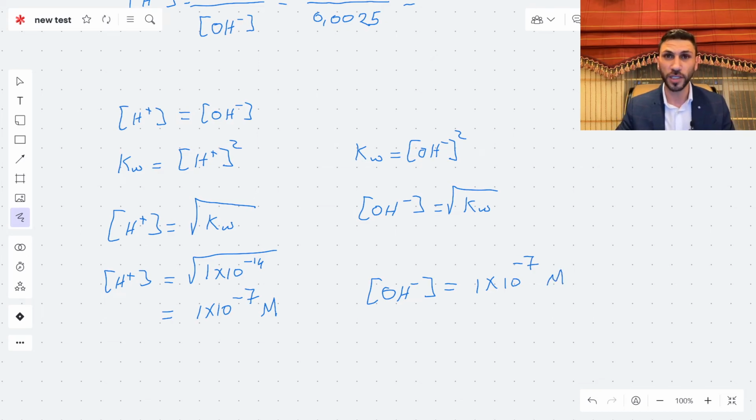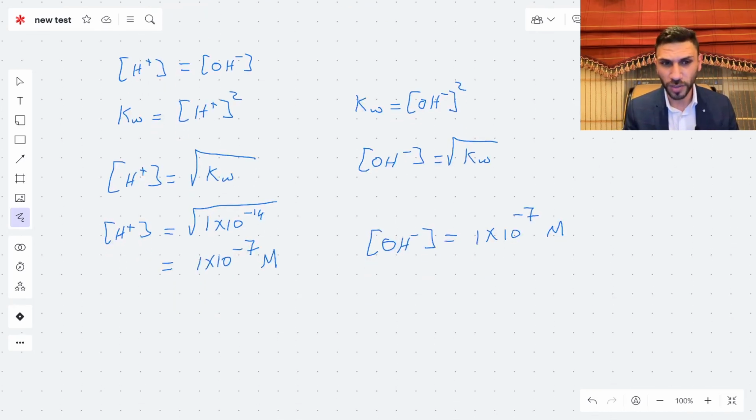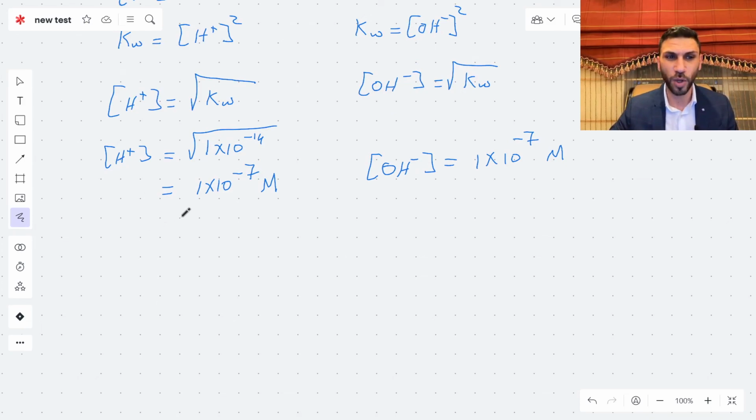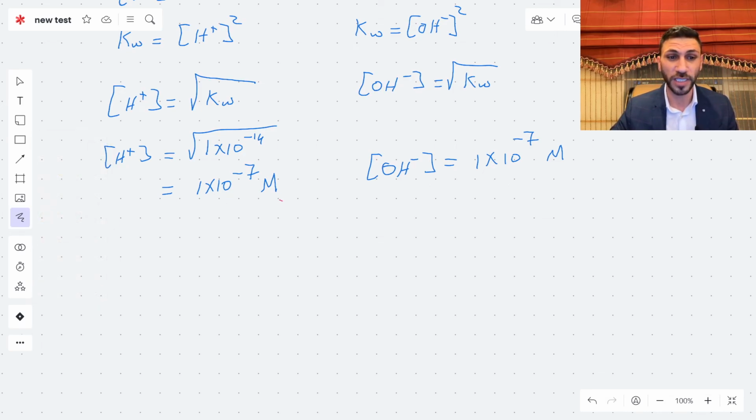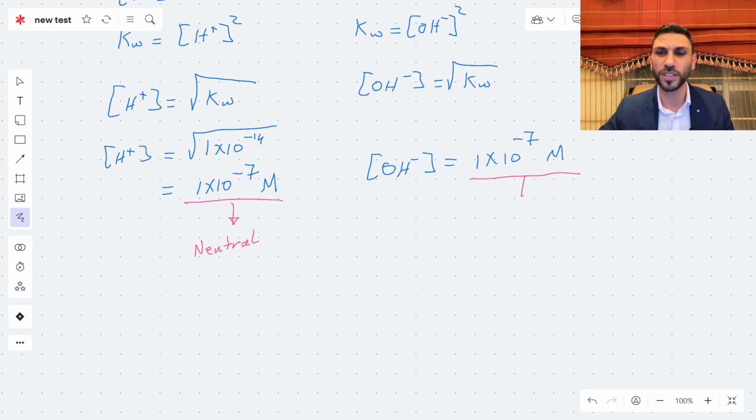So when the solution is neutral, that means H positive equals 1 times 10 to the power of negative 7, and we call this solution neutral. Also, the OH negative equals the H positive, which equals 1 times 10 to the power of negative 7, and the solution is also neutral.